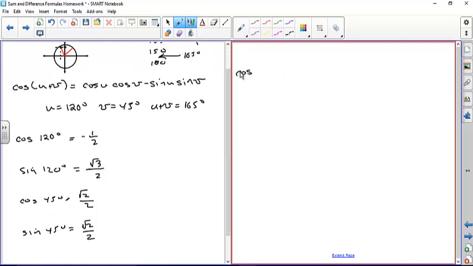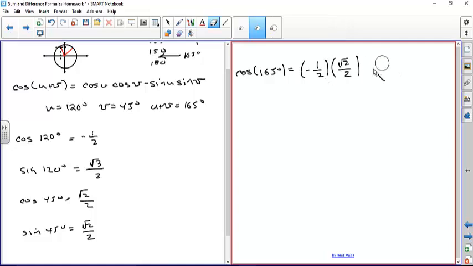So the cosine of 165 degrees is equal to the cosine of u, which is negative 1/2, times the cosine of v, which is the square root of 2 over 2, minus, make sure I got that right, yep, minus the sine of u, which is the square root of 3 over 2, times the sine of v, which is the square root of 2 over 2.